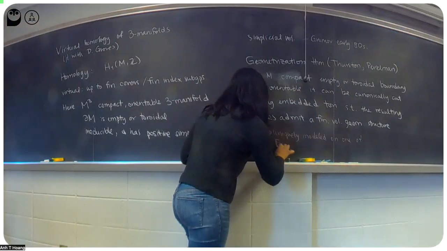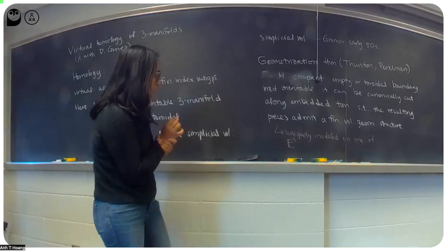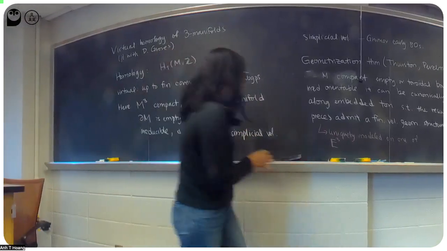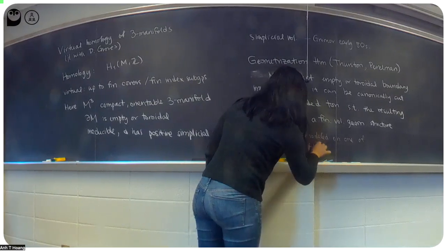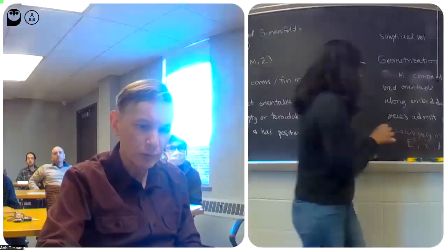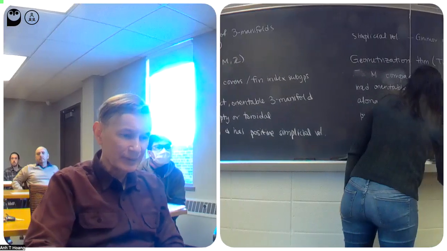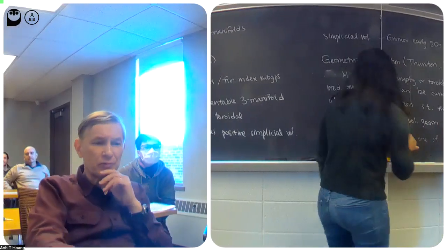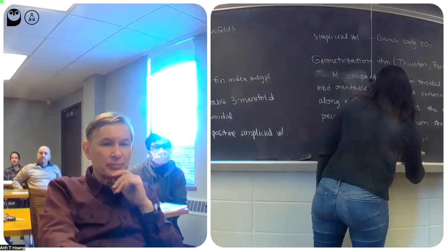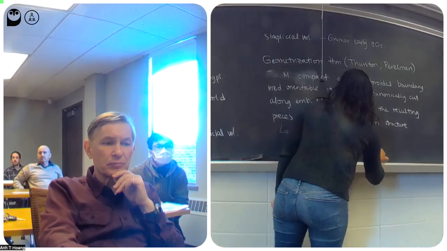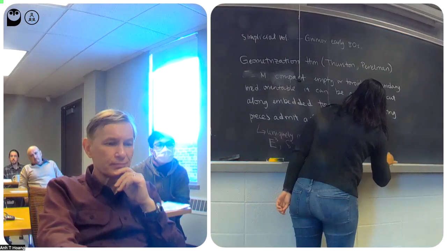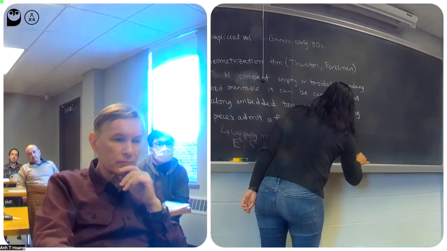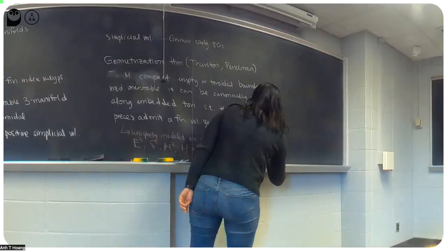The first one is E3, so that's just R3 with the Euclidean metric. There's S3. H2 cross R, S2 cross R, Sol, and the universal cover of PSL2(R).